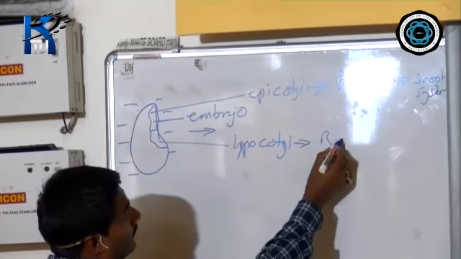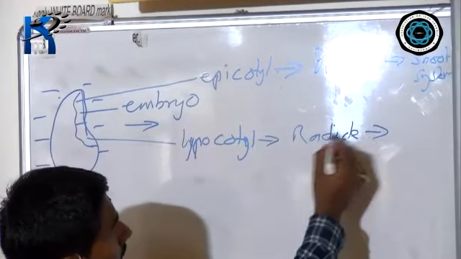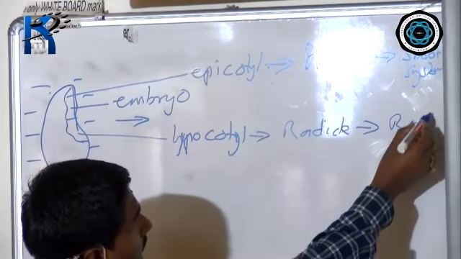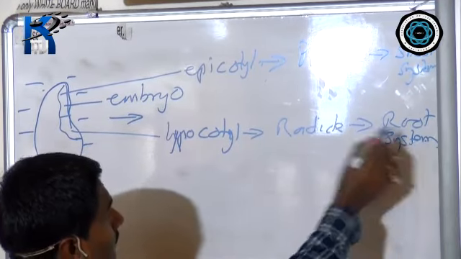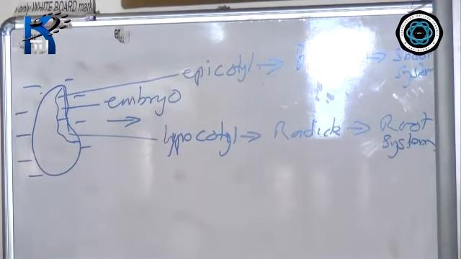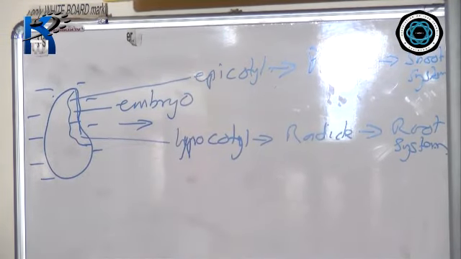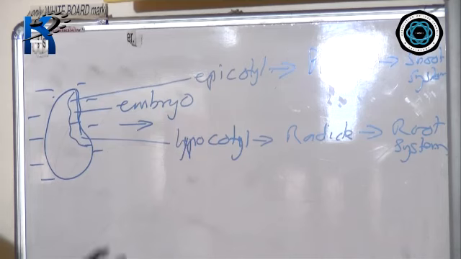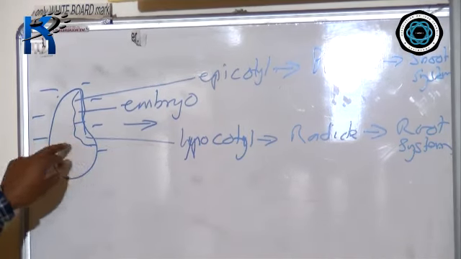The hypocotyl gives rise to the radicle. The radicle develops into the root system. There are more than 4 different types of root. Generally, in the embryo, the hypocotyl has compact cells.